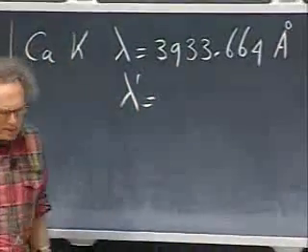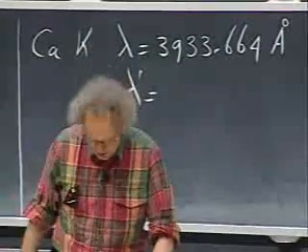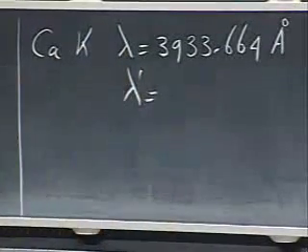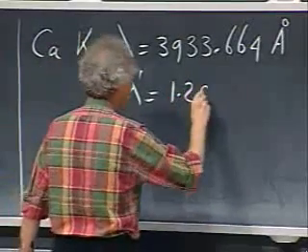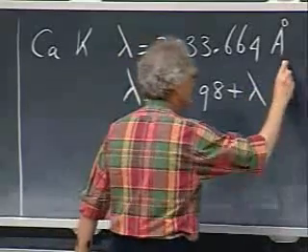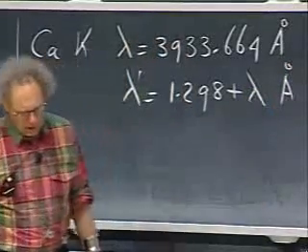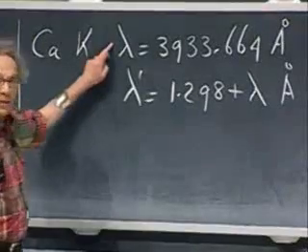We look at the star and we recognize without a doubt that that's due to calcium in the atmosphere of the star, and we find that lambda prime is 1.298 angstroms higher than lambda. So lambda prime is larger than lambda.